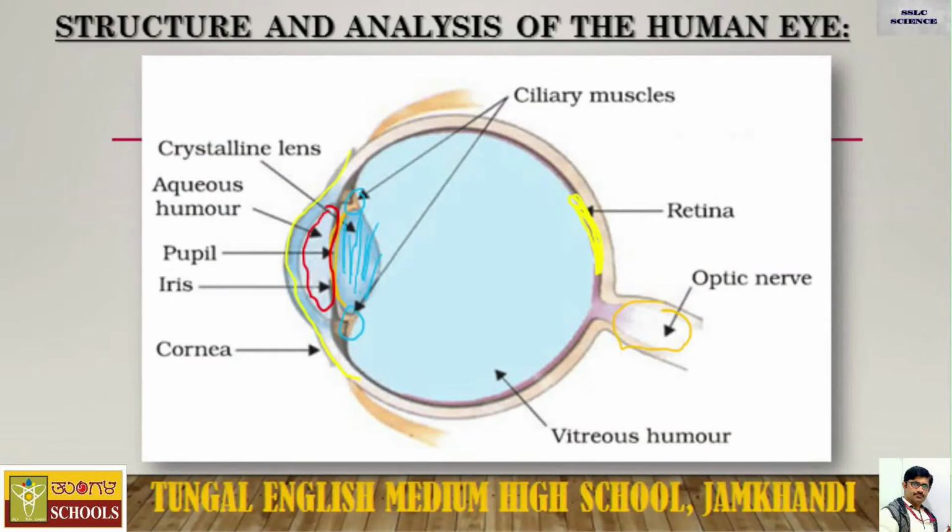When the light falls on the retina like this, what happens? The light is coming from the object and entering this eye lens. After that, it forms the image at the retina. The retina gets the image which is real and inverted.